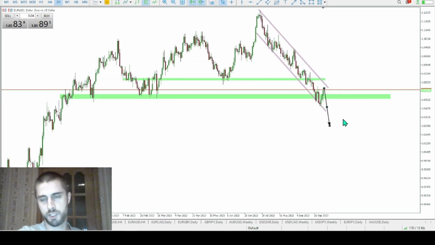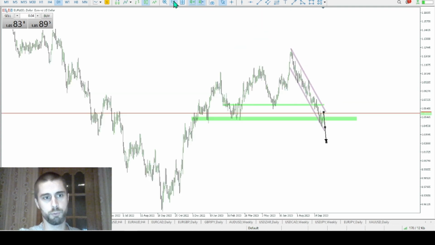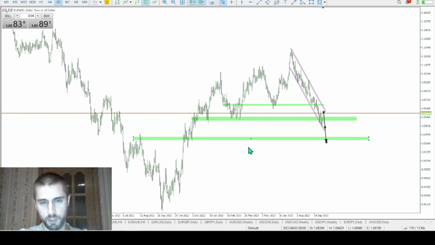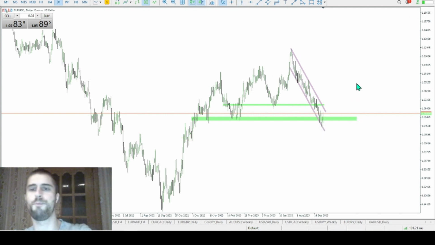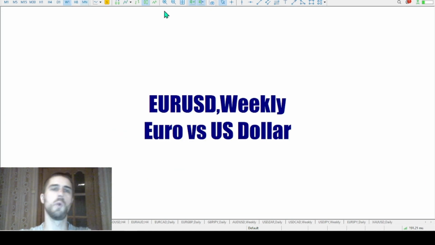And that's very interesting because if we really start to push to the downside, we have two very interesting targets. The first one would be this little support right here, and then we can go much lower. But let's go back to the weekly chart.